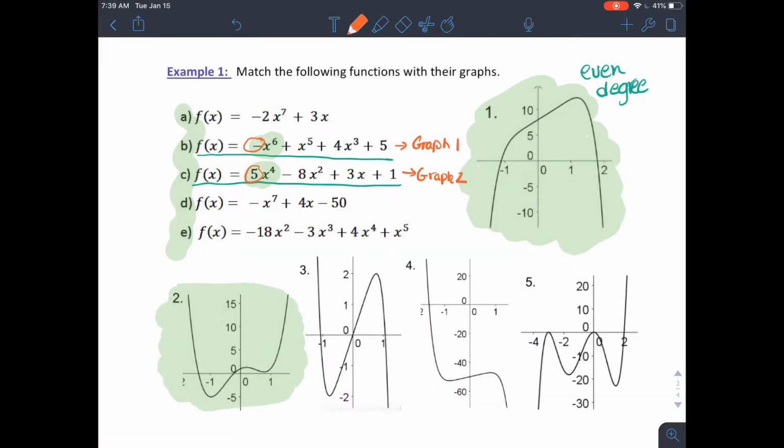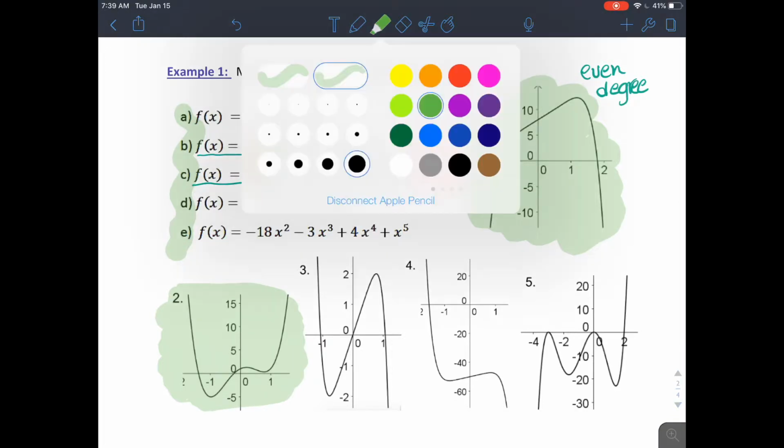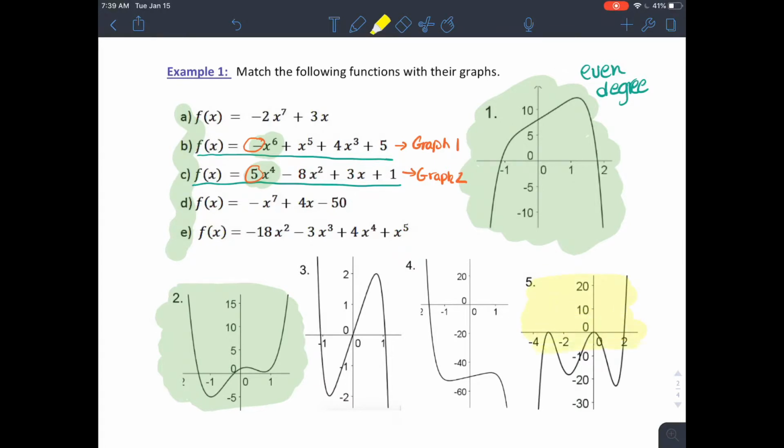The ones that are left have odd degree, so all 3 of the remaining graphs are odd degree polynomials. There's an odd one out. Graph 5 rises as you go towards the right, so it's going to have a positive leading coefficient as opposed to the other 2.